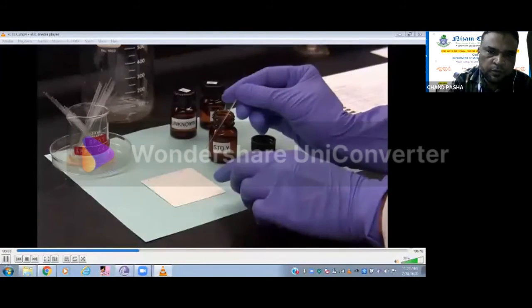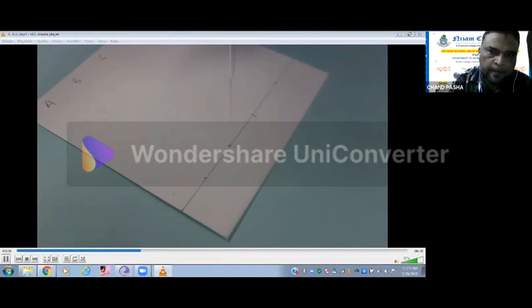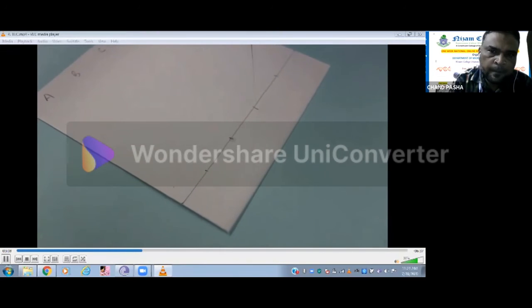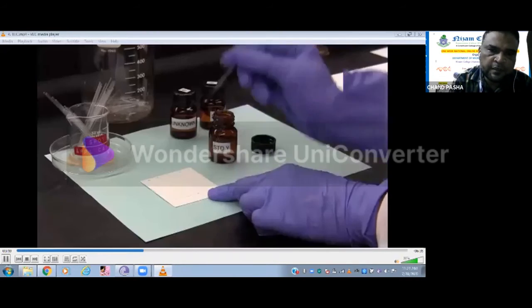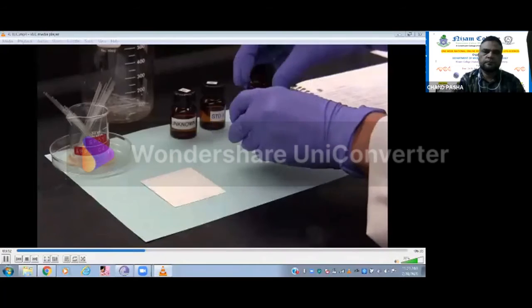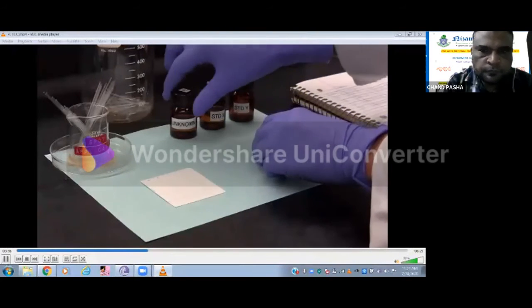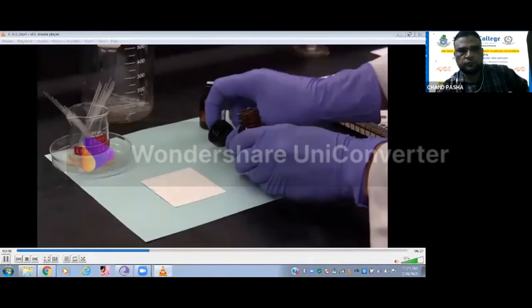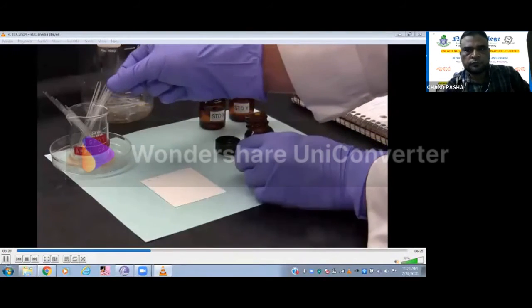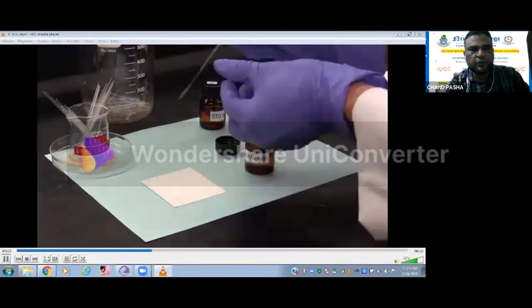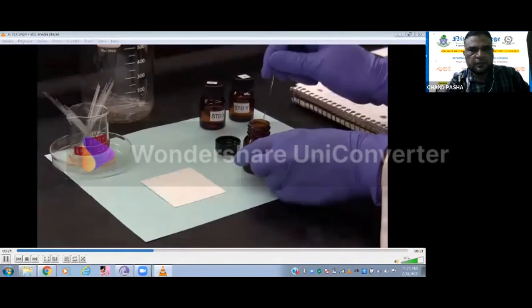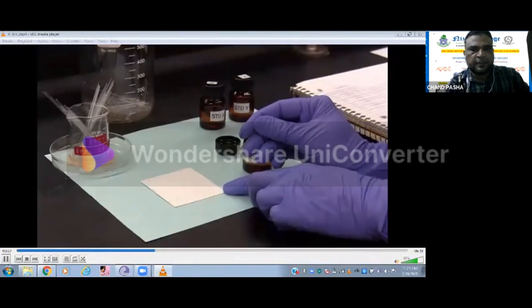This is number 2. The 2 points have been applied. Now we'll take the unknown, and make sure that you are using different capillaries, otherwise the sample will be cross contaminated.